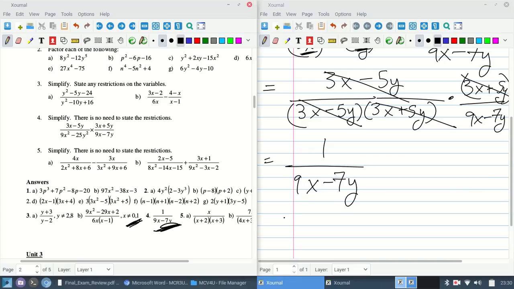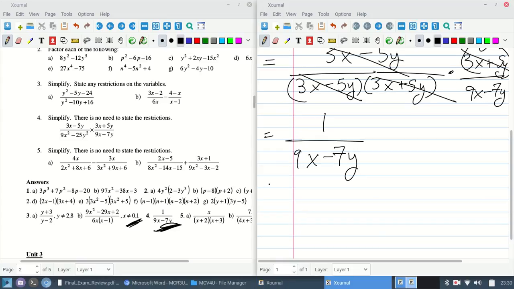9x minus 7y. To finish it off, we got 2 more questions where we just need to simplify, and that's it. So let's finish it off. Let's do number 5. This was basically unit 2.